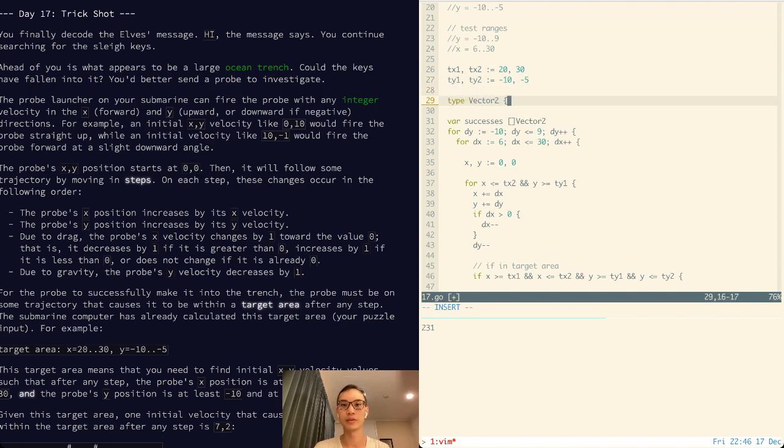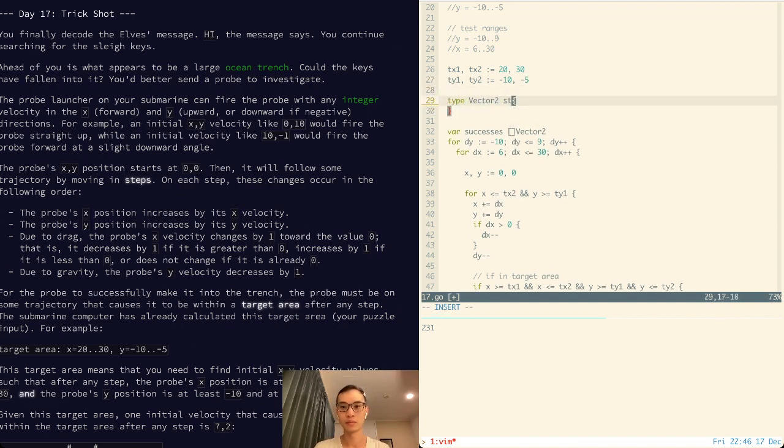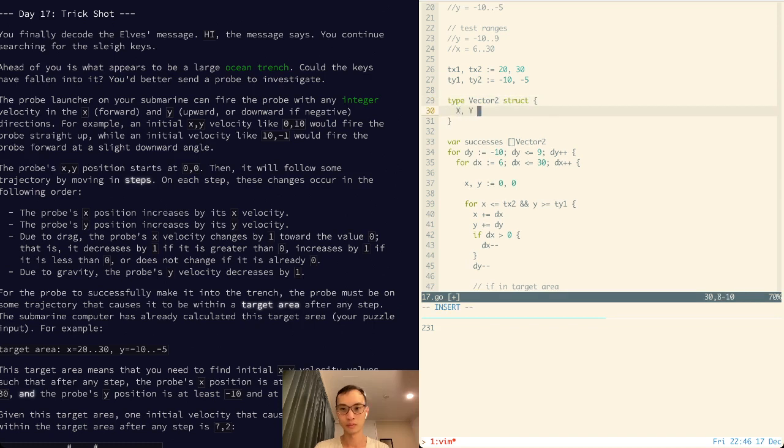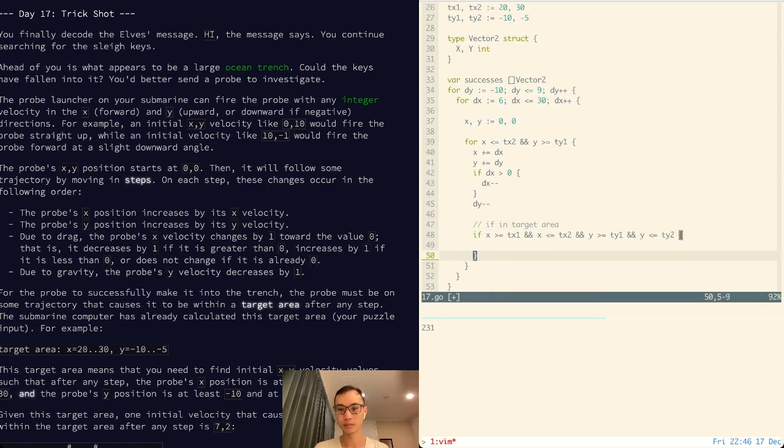Just make a type for it. We'll just append it to an array like this, so we have it. Break.